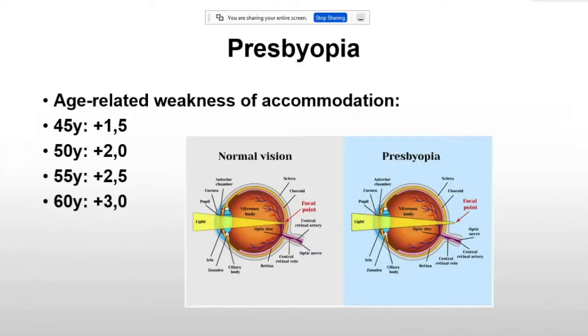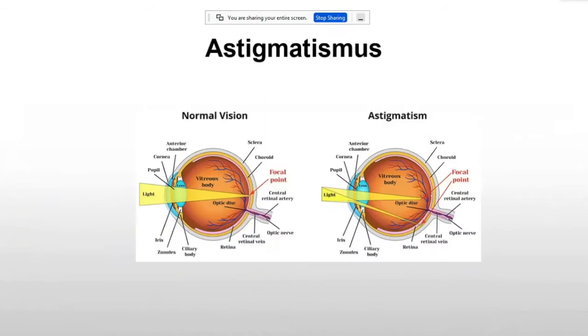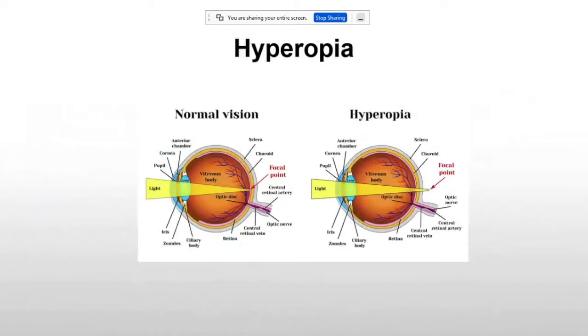So what is presbyopia? Let's go back to hyperopia first.